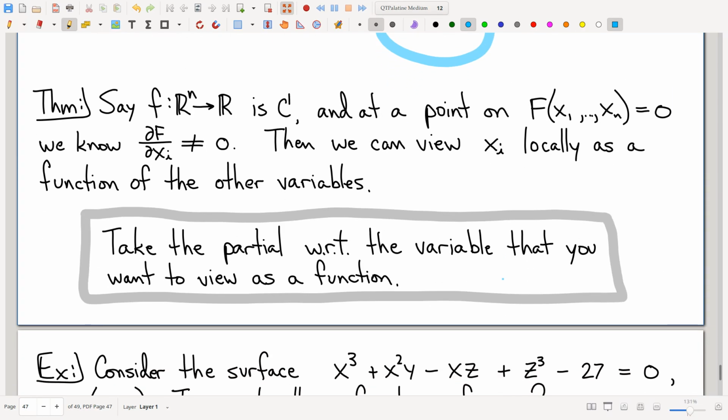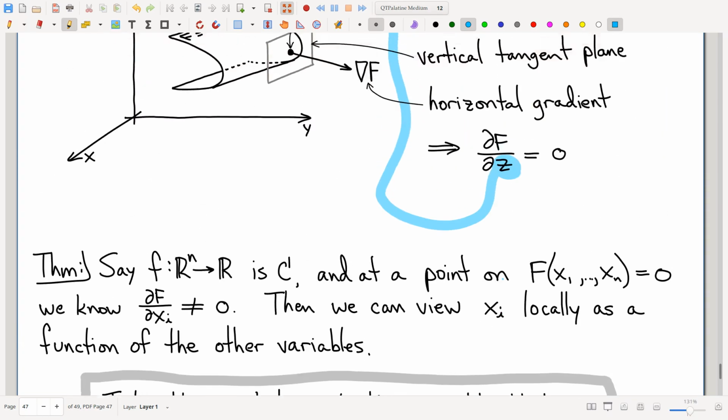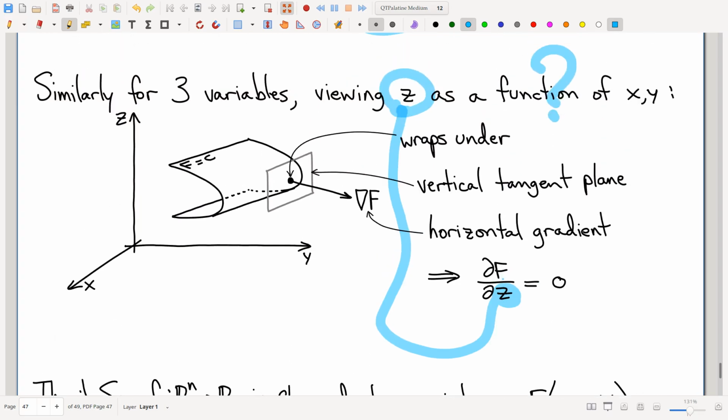Oh, yeah, question? Could you explain again the logic behind why the z partial is 0? Okay, so let me just hit the highlights.